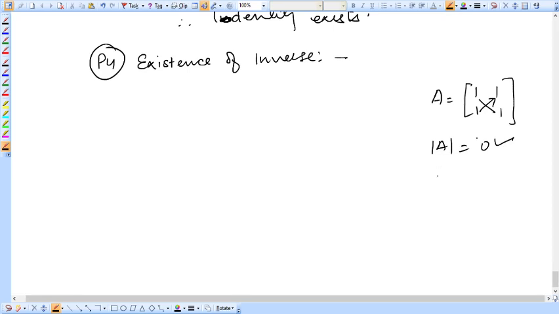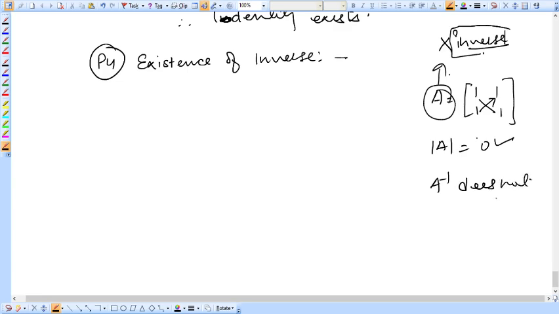Therefore we cannot find the inverse of this matrix. The inverse A inverse does not exist in this case, right? Because the determinant is equal to 0. We have done this in elementary classes. So if we want to get the inverse of a matrix, we need to assure ourselves that the determinant is not equal to 0.